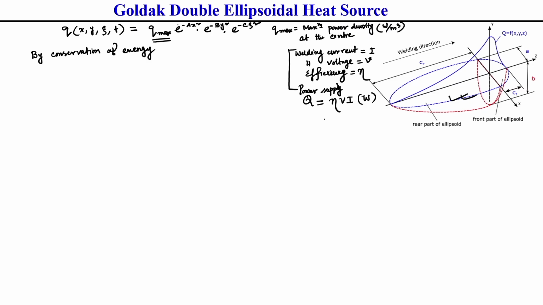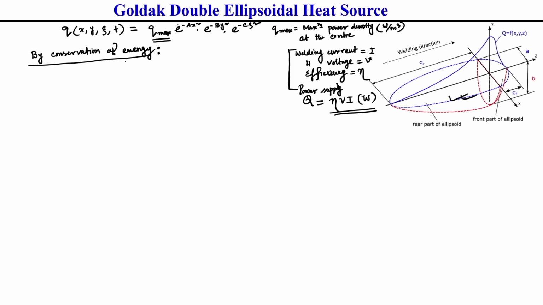Okay. Now, this much power is supplied from the arc, and this is generally distributed where? In this double ellipsoid, this you should keep in mind. So, whatever the power supply is giving, this is distributed in the double ellipsoid. That is why here we will use conservation of energy.